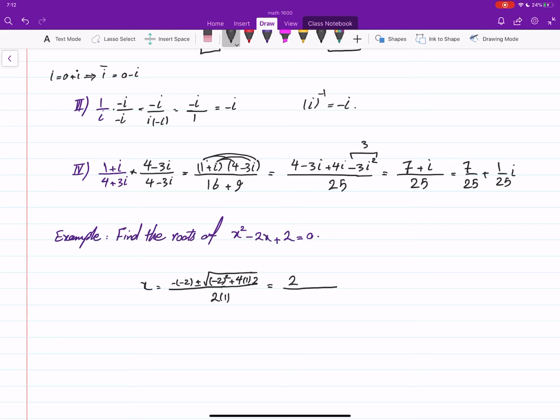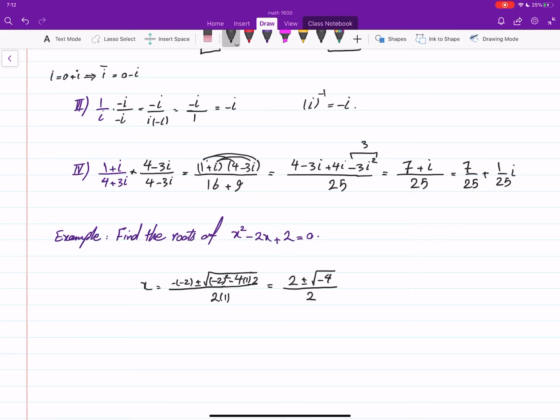So this is 2 plus minus root. This is negative 4. So this is 4 minus 8, which is negative 4 over 2.